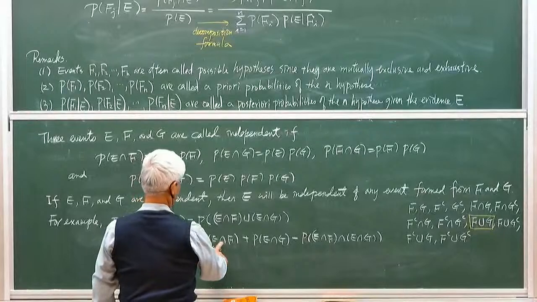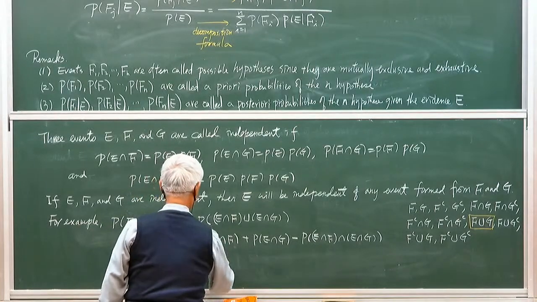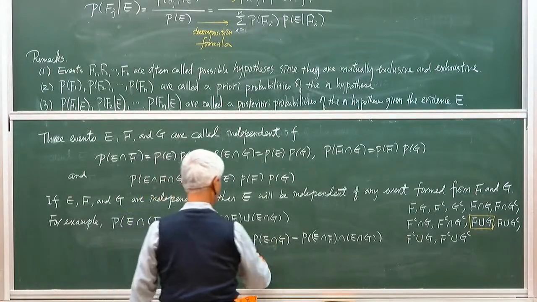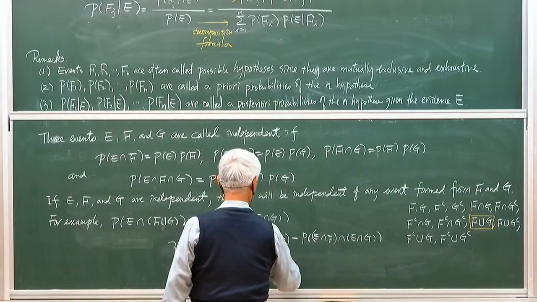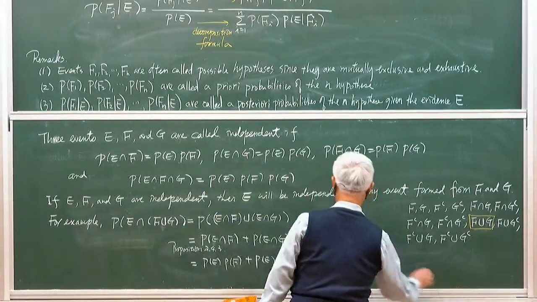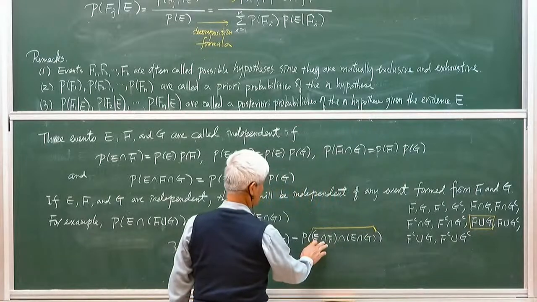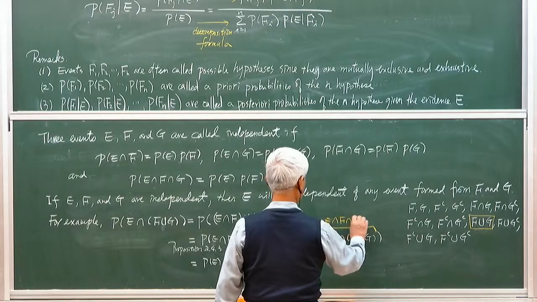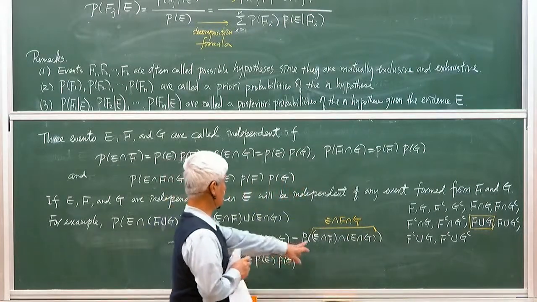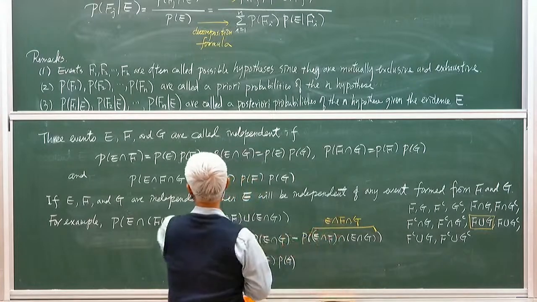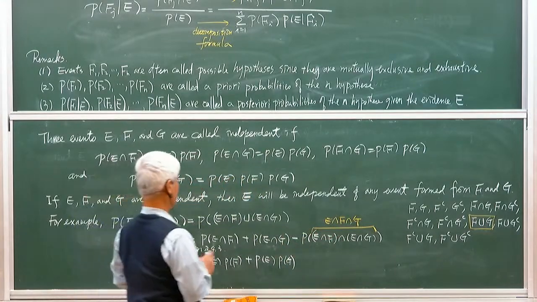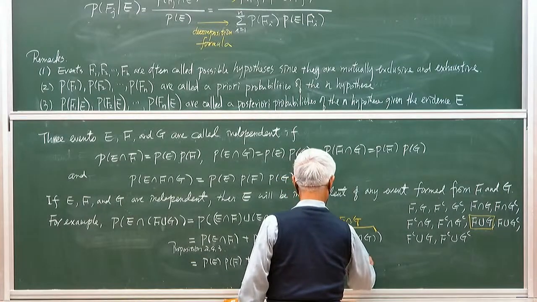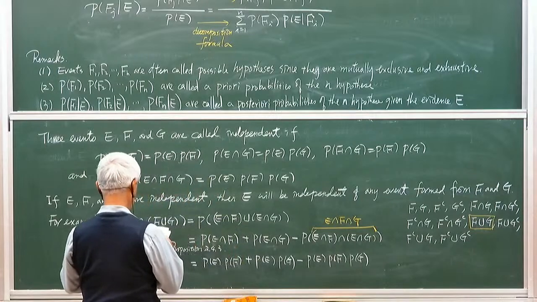So the joint probability of E and F becomes the product of P of E and P of F, and the joint probability of E and G is the product of P of E and P of G. But we look at here, E intersect F intersect E intersect G, which is E intersect F intersect G. So now this is the joint probability of E, F, G, and so this is minus P of E, P of F, and P of G. Okay, so we have these three.